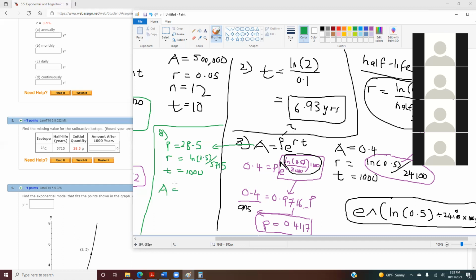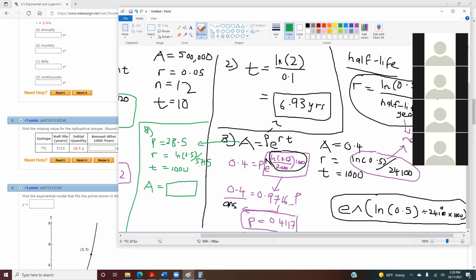For A. Okay, so go ahead and plug all this into this formula. And the good news is you do not need to do division. Please try this in your calculator, and I want it in 2 decimal places.